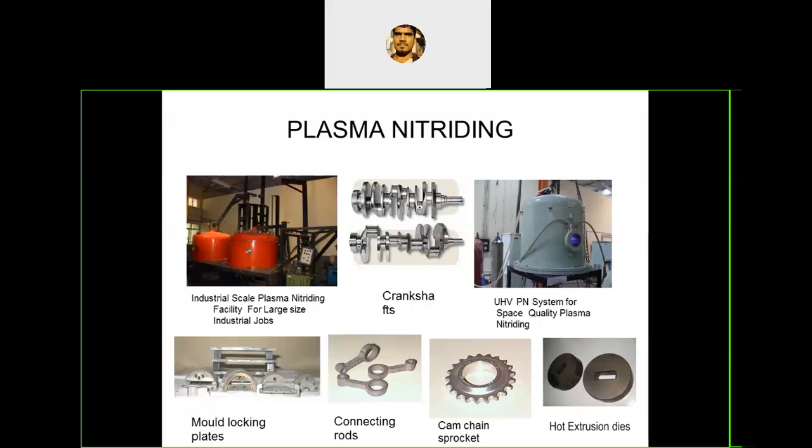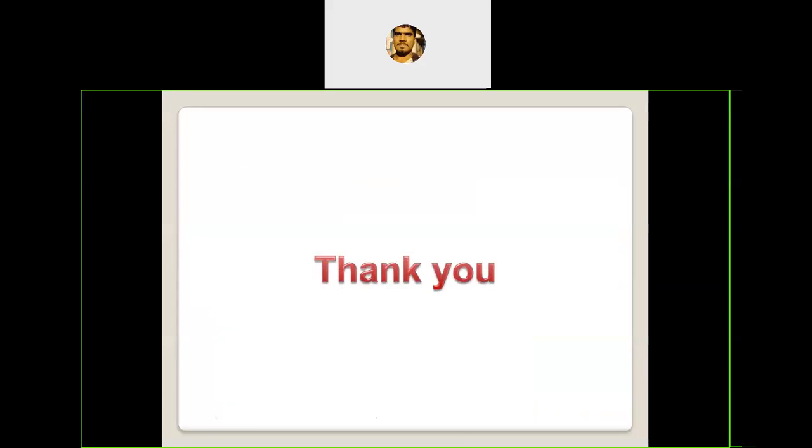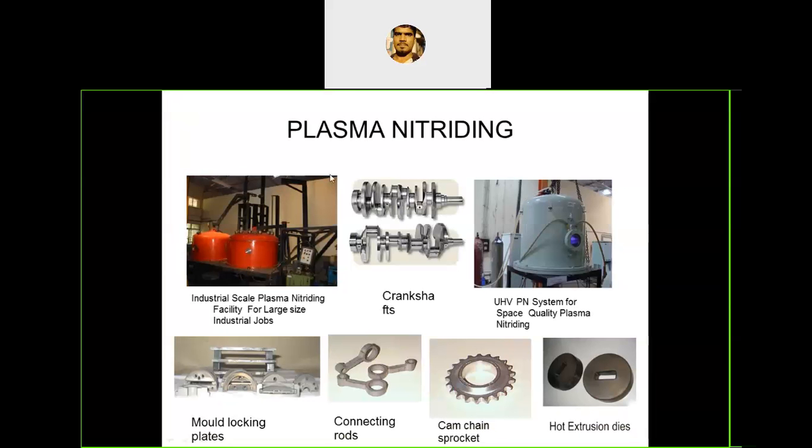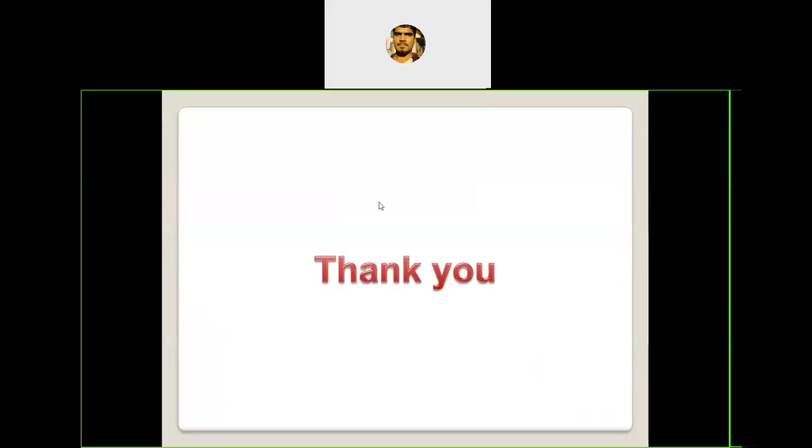And this is the crankshaft. These are all components we do surface modification on with different processes. Understood? So I will show some videos.